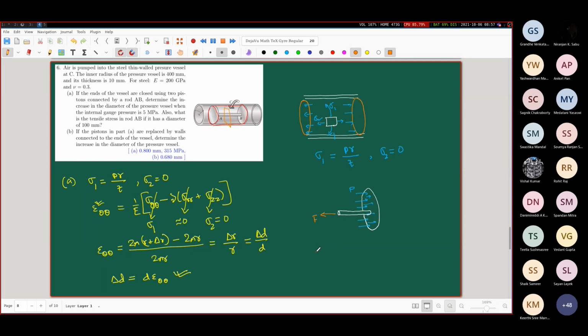So this force F will be equal to P, the fluid pressure, times pi r square minus pi r rod square. I need some different name for this, so let's say r rod.